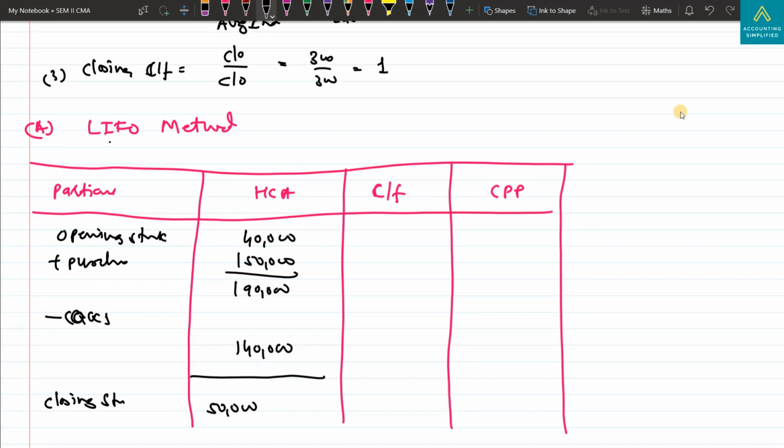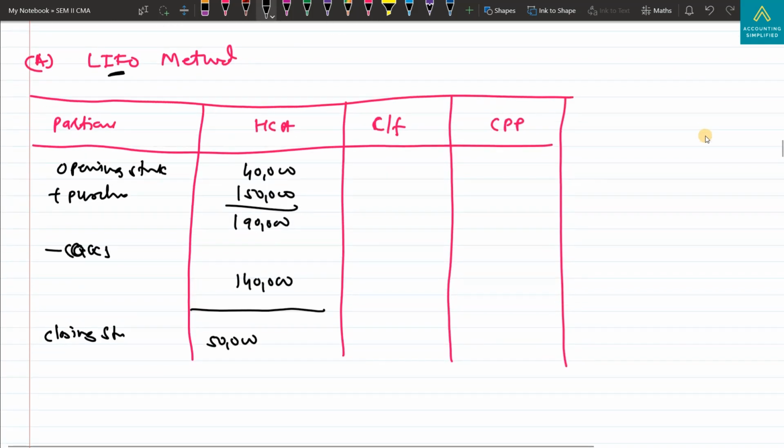This is LIFO method, so last in first out. So 1,50,000 we have purchased. It is only 1,40,000, so this is out of purchase only. This 50,000 stock is left. So this is last in first out, so 50,000 out of 150, 10,000 will go first, and then remaining 40,000. So this will be the bifurcation.